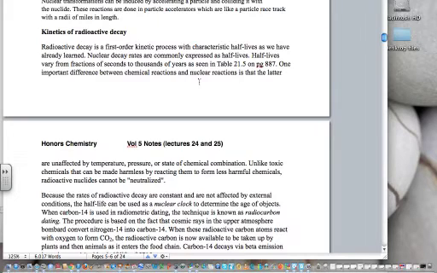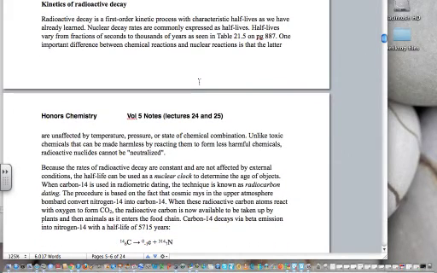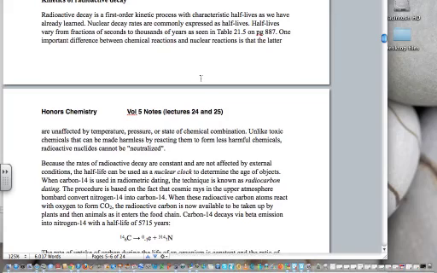We could do some really simple problems, and we'll talk about that when we do the problems, but radioactive decay is a typical first-order decay process. And we need some equations to help us be a little bit more sophisticated about determining how much of something is left after a half-life has passed.